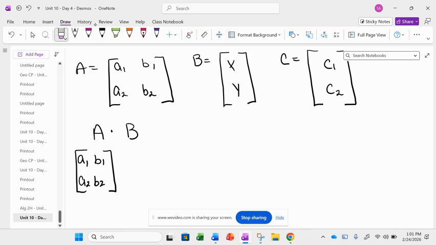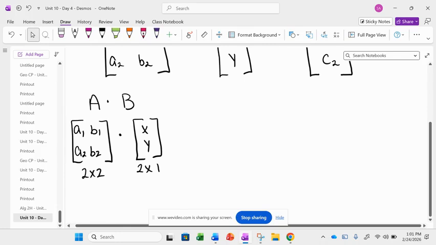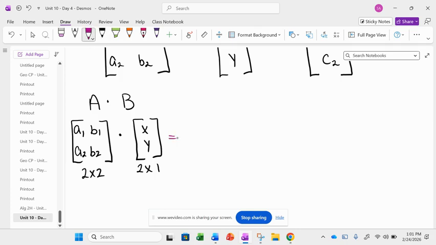Let's just do matrix A times matrix B first, and then multiply that by X, Y. So I have a 2 by 2 and a 2 by 1. Is this in a good format to multiply a 2 by 2 times a 2 by 1? Absolutely. And what is our solution matrix going to be? 2 by 1.